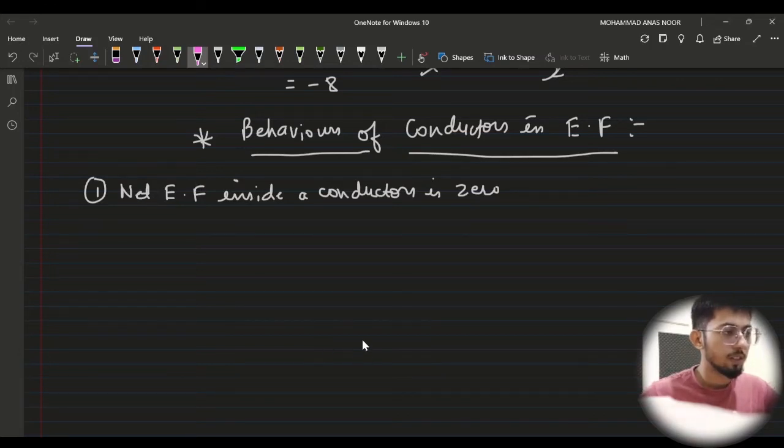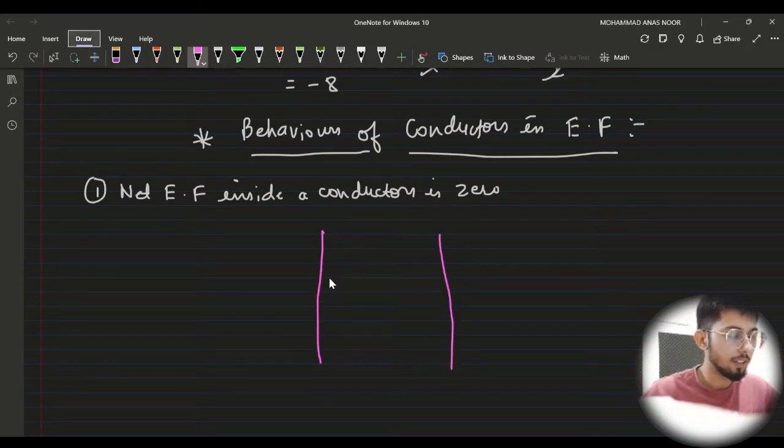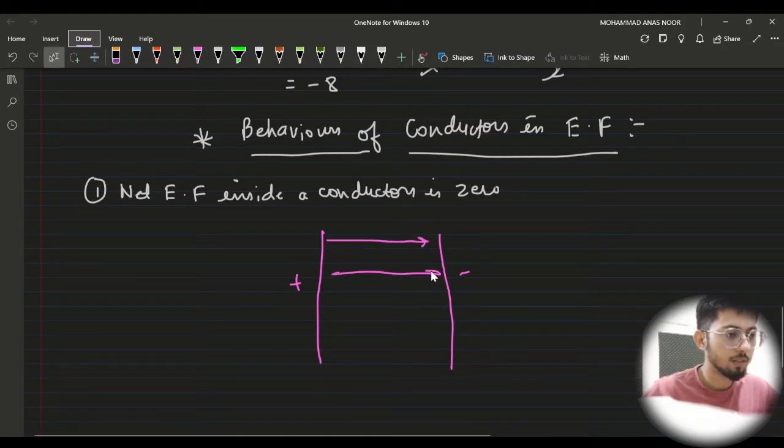Let us take an electric field. This is positive, this is negative. Inside this we have an electric field from positive to negative.